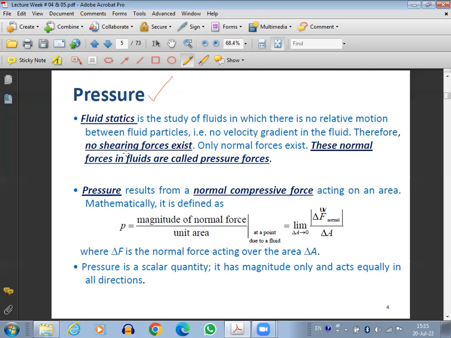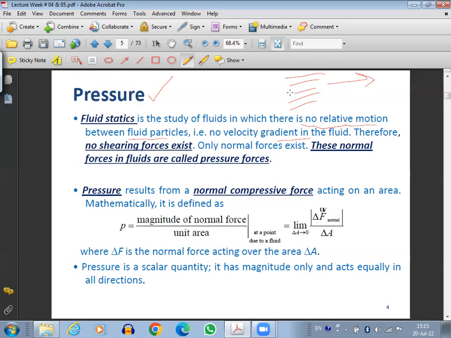Fluid statics is the study of fluids in which there is no relative motion between fluid particles, no velocity gradient in the fluid. Therefore, no shearing forces exist. Shearing forces exist if you have layers of fluids moving in some direction, so there will be relative motion between the layers.